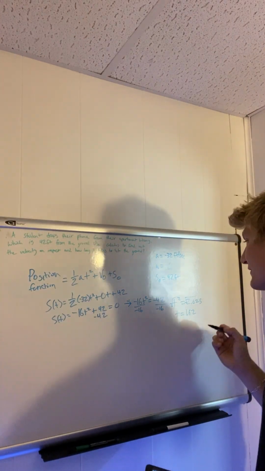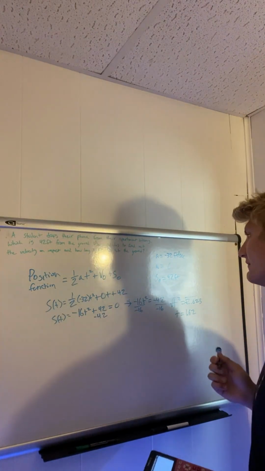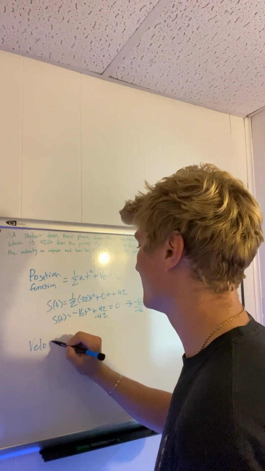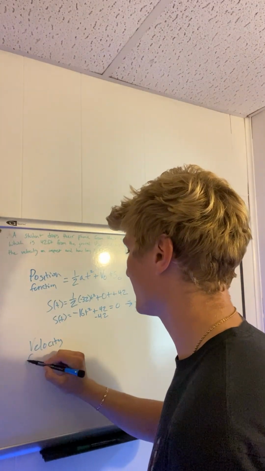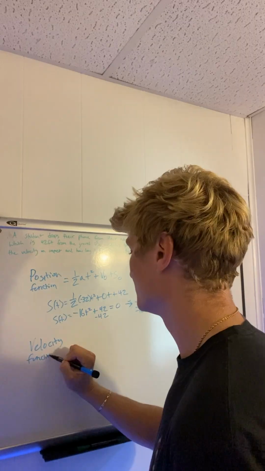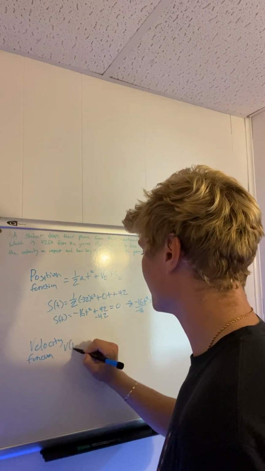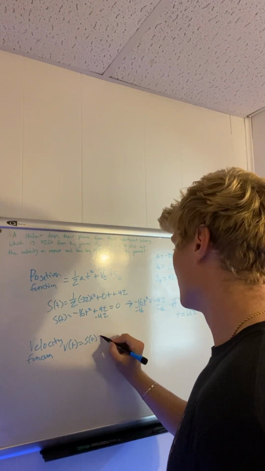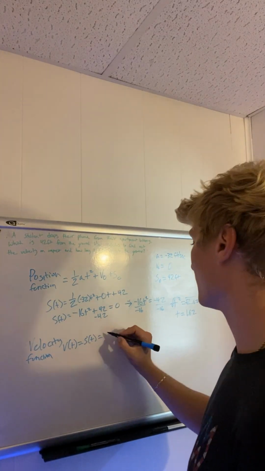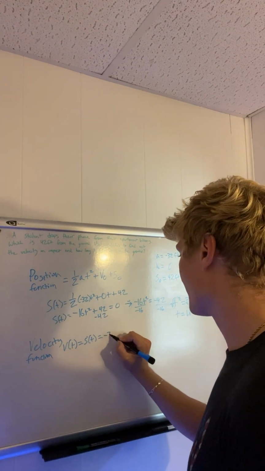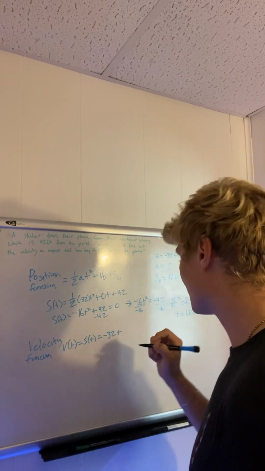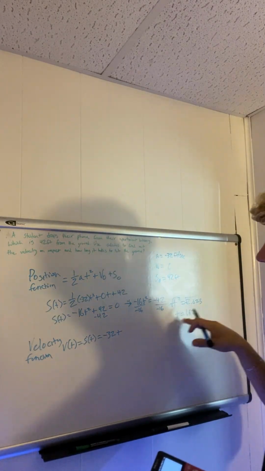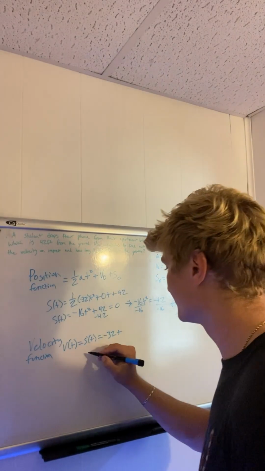Alrighty. So now we've got to look at the velocity on impact. So we're going to use our velocity function. V of t equals S prime of t. And when we use the power rule, we're left with negative 32t. So then we use our t here and implement it into our velocity equation.